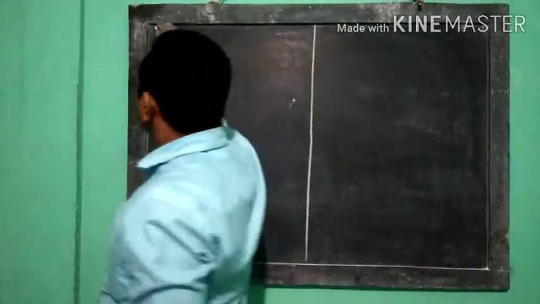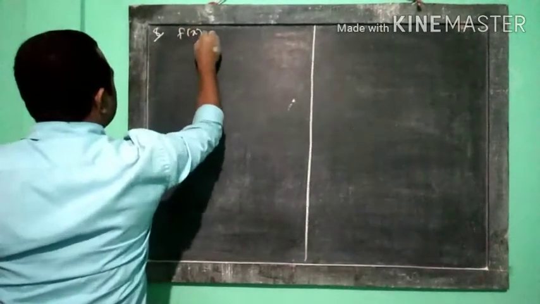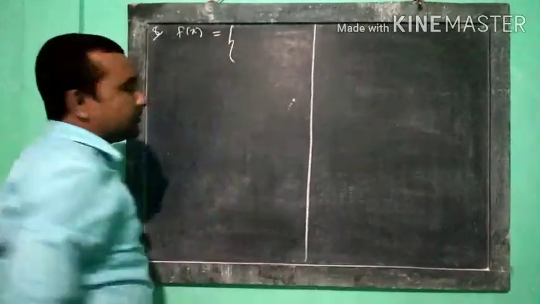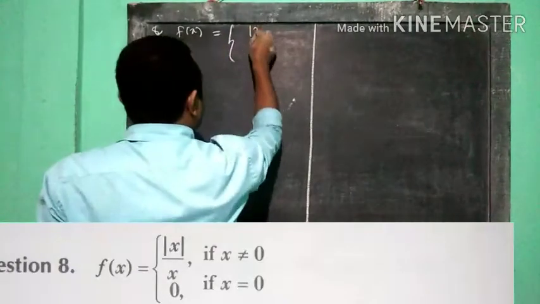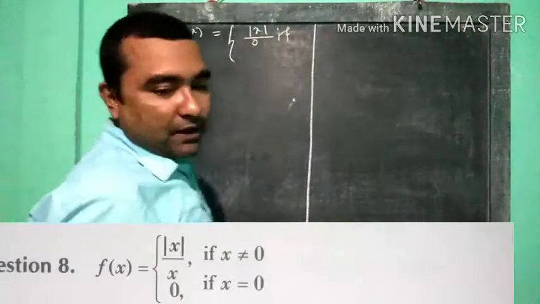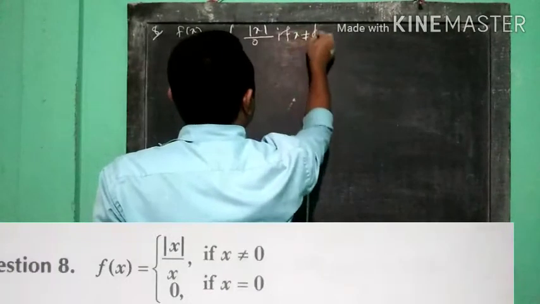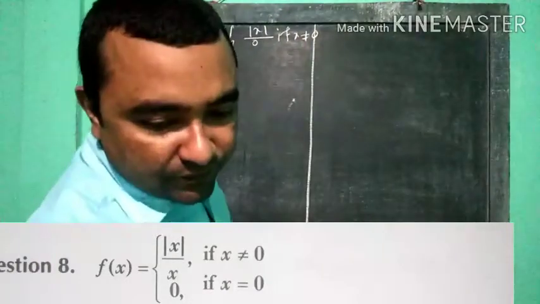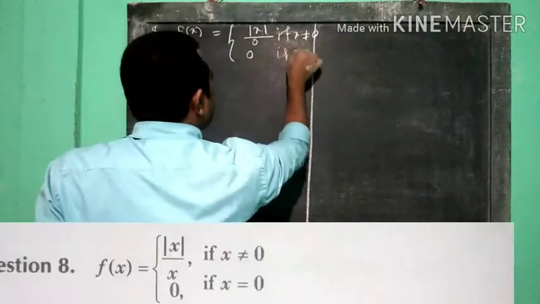Now we are going to solve question number 8. Given function f of x equal to modulus x by x if x not equal to 0, and 0 if x equal to 0.